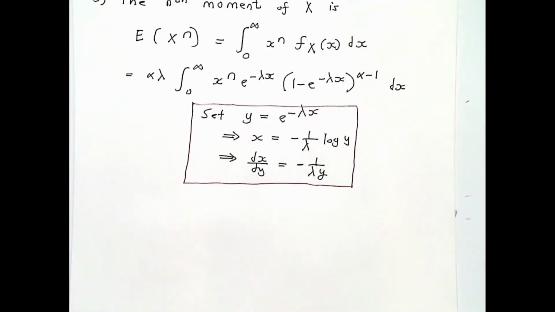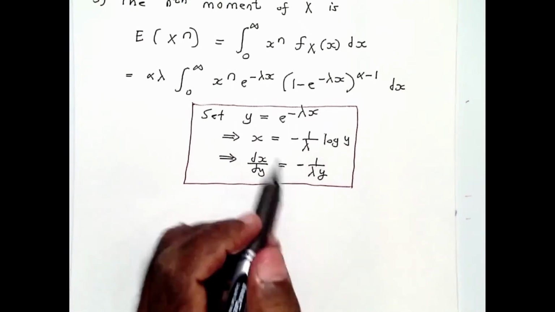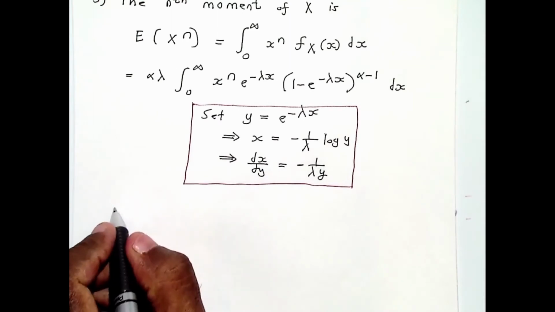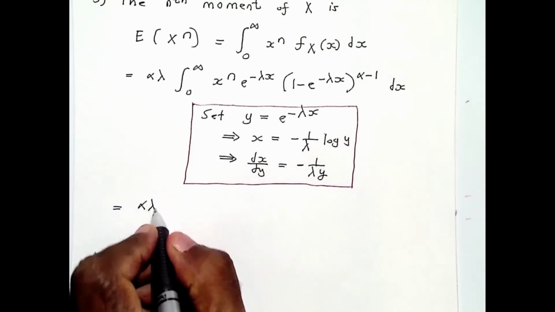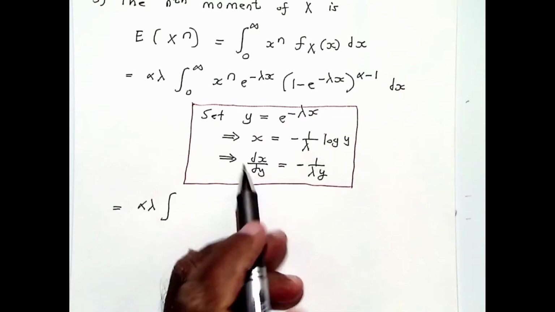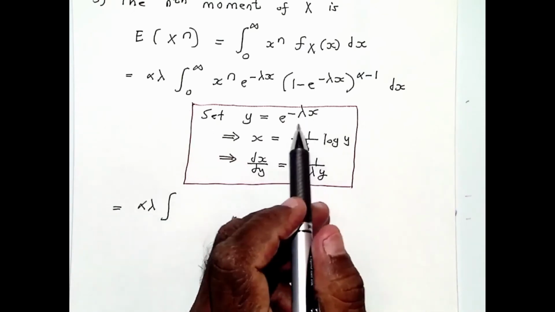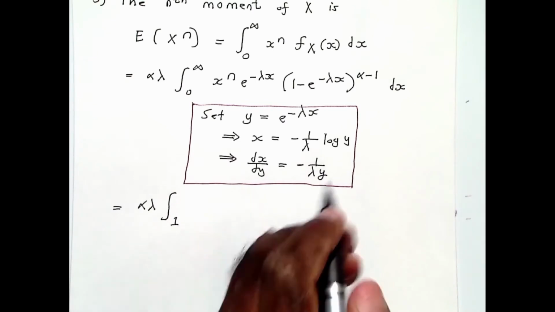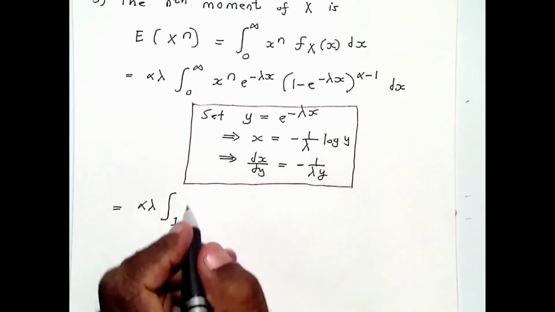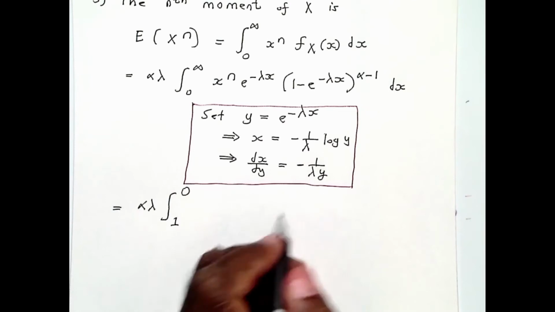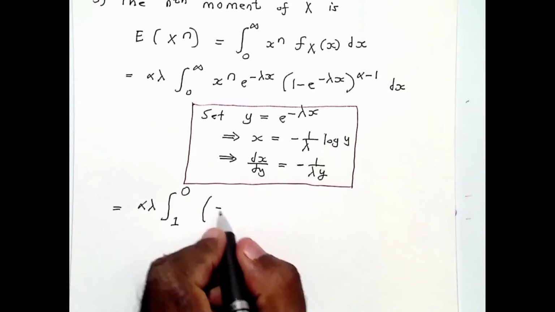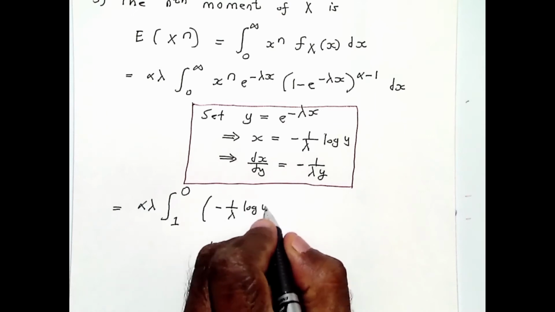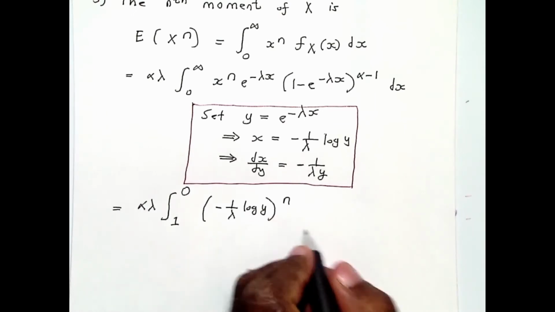Now I'm going to substitute these into the integrand. So you get alpha lambda. Now the limits of integration: when x is 0, y is 1, and when x is infinity, y is 0. X to the power n will become this.